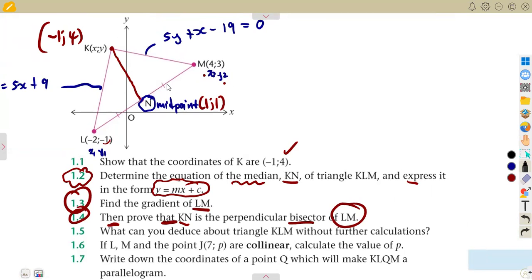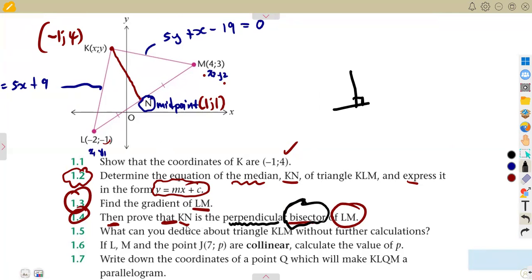But this is not about just bisecting. It is a perpendicular. What is it there about being perpendicular? Being perpendicular means they have to meet at 90 degrees. So it's no longer about just being a bisector there. Understand your question. So the midpoint or the bisector part, we are not focusing on it. No, we're not focusing on that.